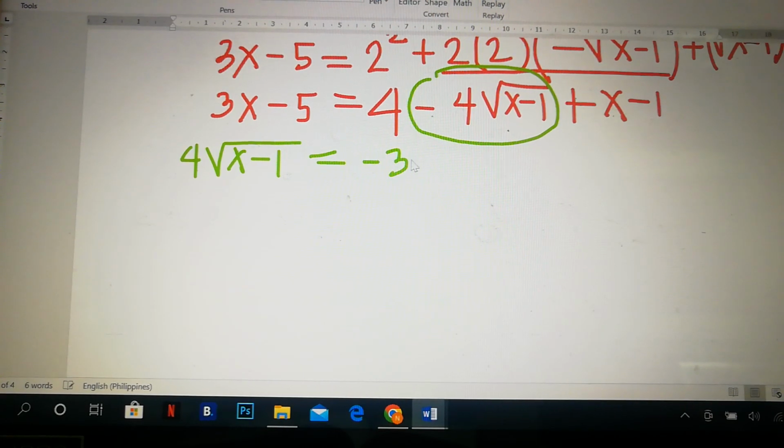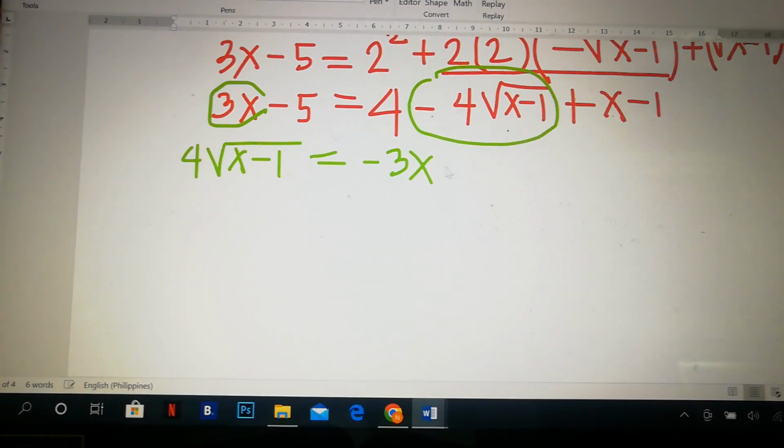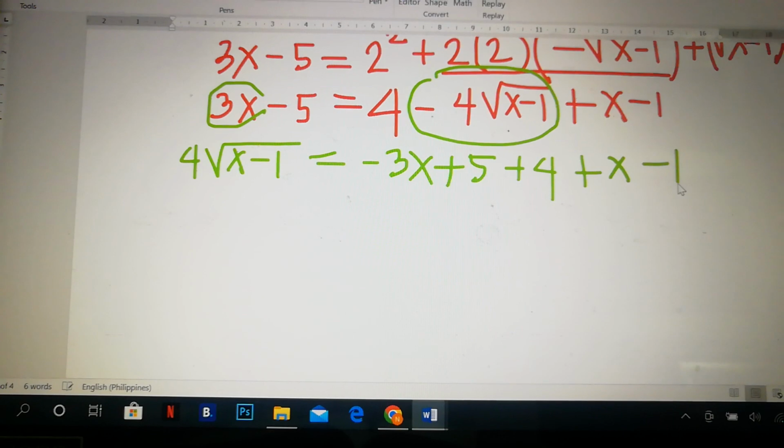You transpose the 3x to the other side, it becomes negative 3x. Negative 5 becomes positive 5. Okay, then 4 plus 4, then plus x minus 1.